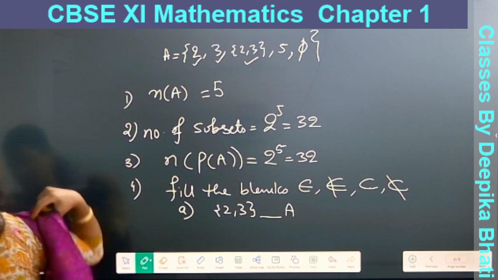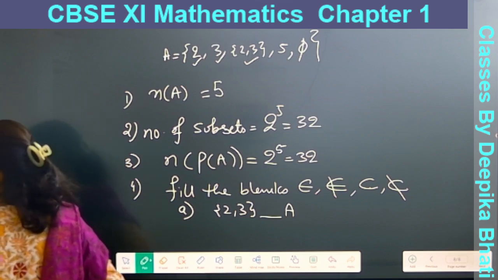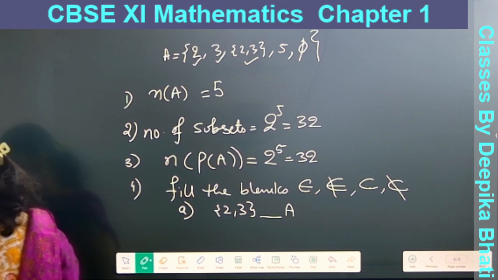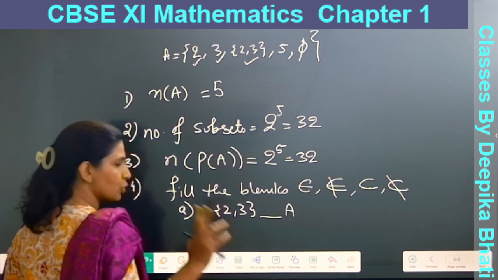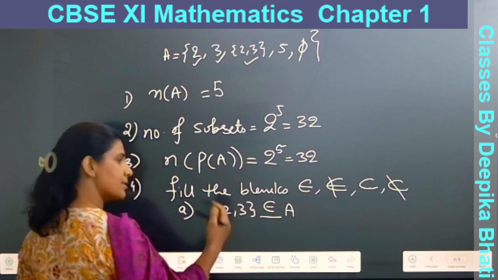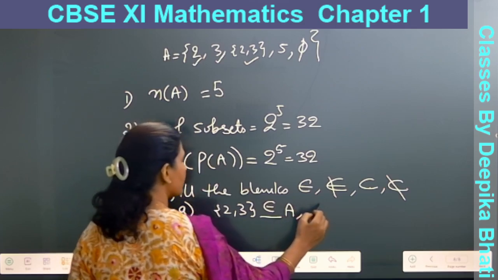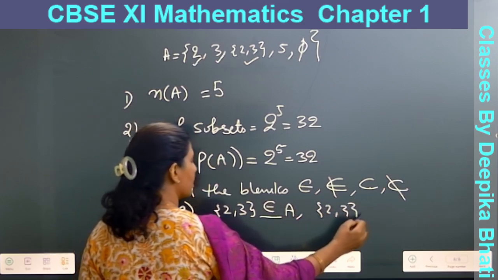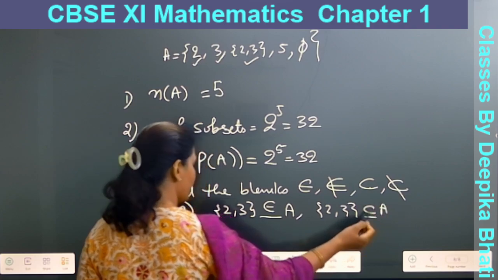Ma'am, belongs to. Yes, Harish, belongs to. Here we can have both options. Both the options work. If a student writes this, it is correct, and if a student writes for 2 comma 3, this is a subset also. You can check.